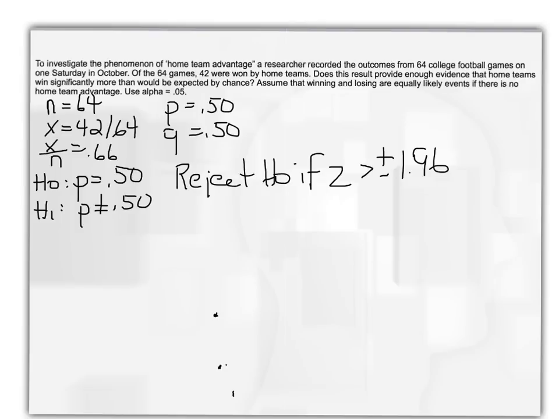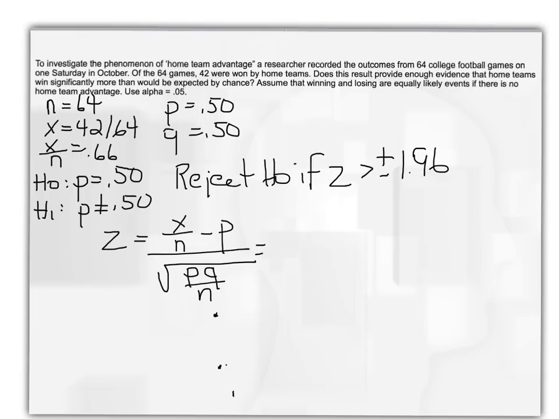Our formula is to compute z, take the sample proportion, subtract from it the population proportion, and divide by the standard error of the proportion, which is the square root of p times q over n.